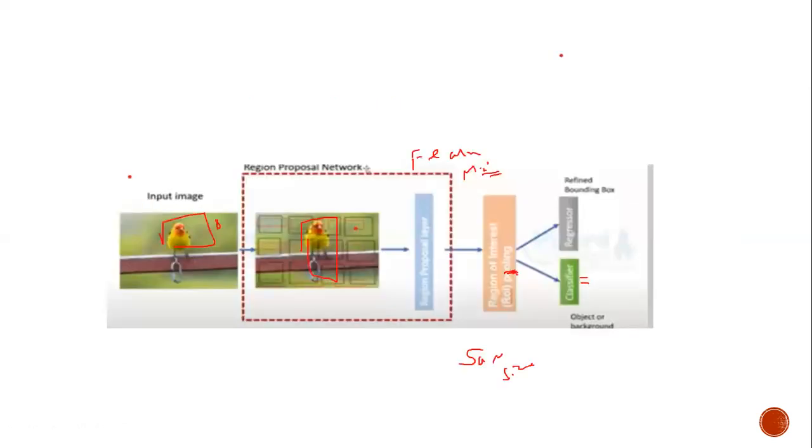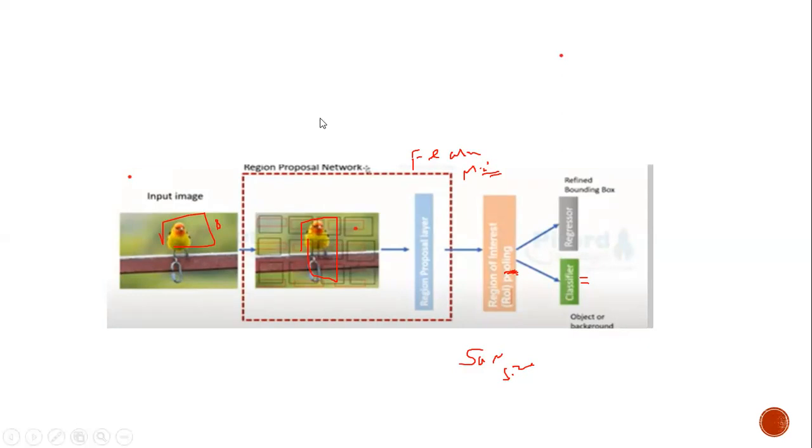Let's assume the visualization or the structure with a simple example. Let's say the input image is here, and the first step in Faster RCNN is to generate the region proposal network. How will this task be carried out? It will be carried out in the region proposal network with the help of anchor boxes.